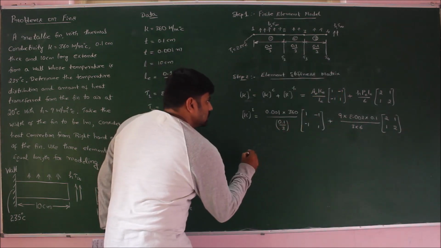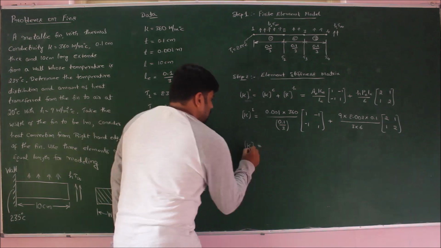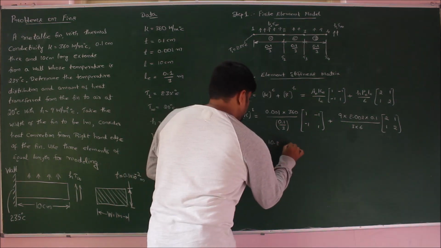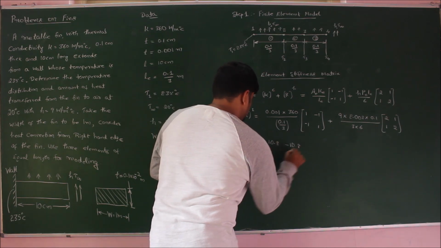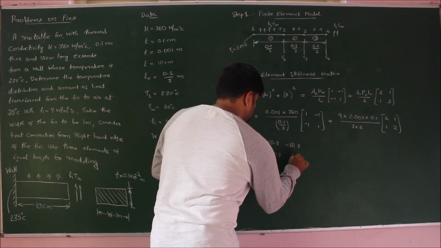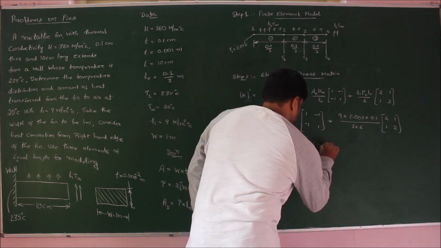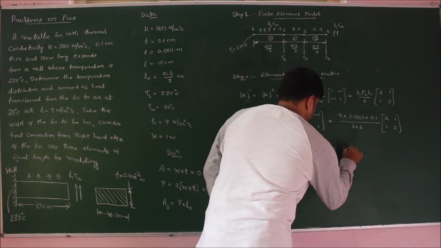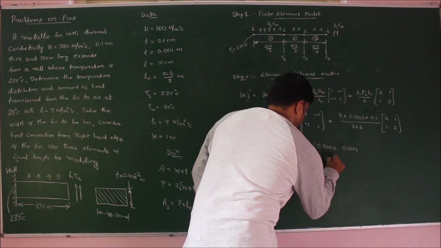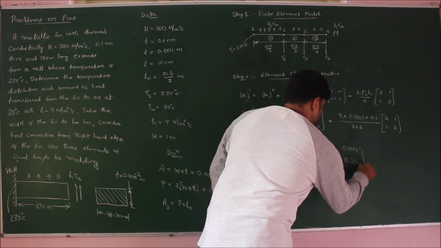If I simplify, the element stiffness matrix for element 1 is found to be K of element 1 equal to 10.8 minus 10.8 minus 10.8 plus 10.8 plus 0.002, 0.1001, 0.1001 and 0.2002.